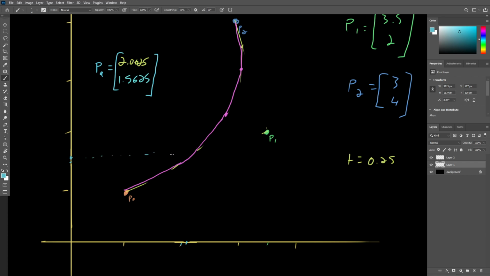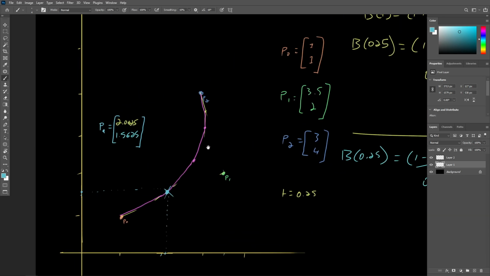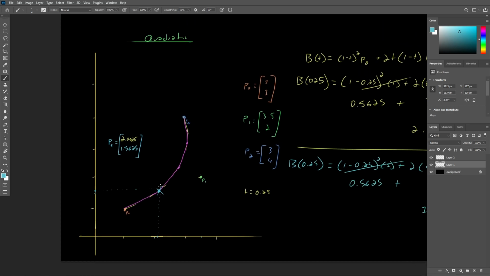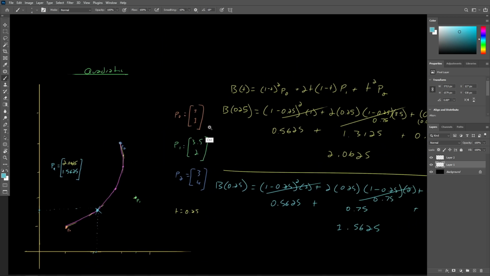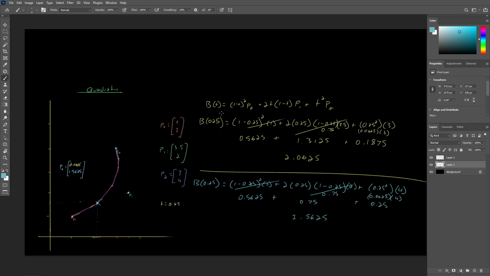And so plotting this point, well, my drawing isn't perfect, but it works nonetheless. And we can see that this is how we compute the location of points which fall along the curve, right, defined by these control points.